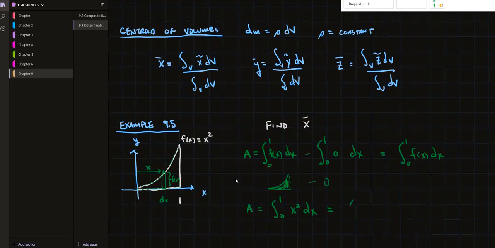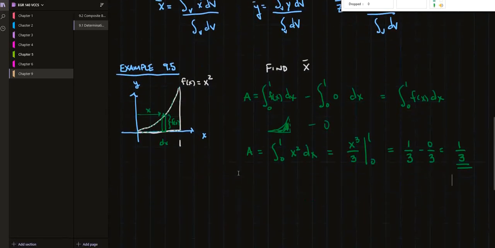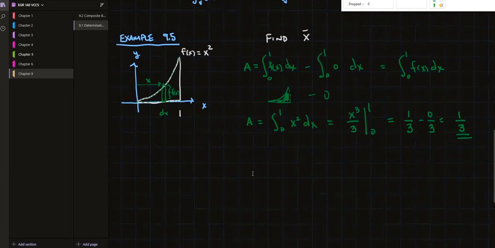So this equals x cubed over 3 evaluated from 0 to 1 for our definite integral, which equals 1/3, or 1 cubed is 1 over 3, minus 0 over 3, which is just 1/3. Well, it's not a distance, that's our area. That's not our x bar distance yet.